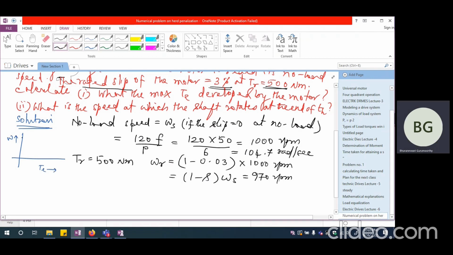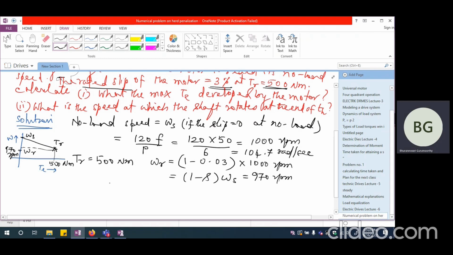At 1000 RPM, I'm going to have 0 torque developed, and at 970 RPM the motor is going to develop 500 Newton meter. So this is TR and this is omega R, and this is omega S, which is same as the no load speed.